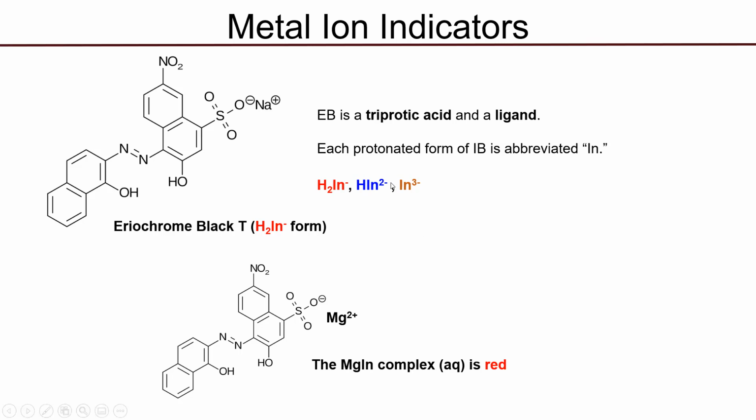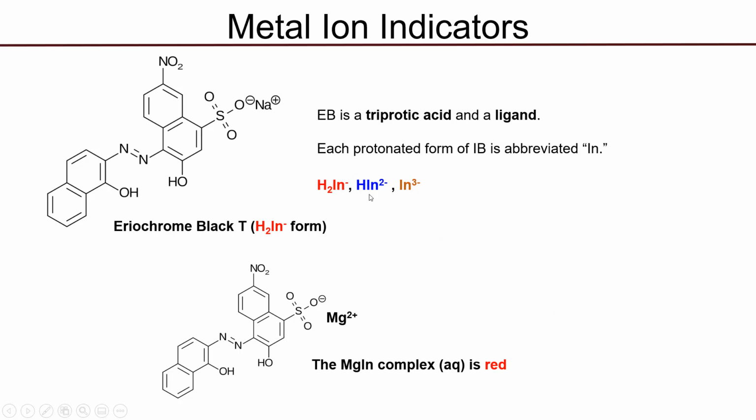Now, at our pH 9 to 10 in the EDTA titration we did, if the indicator is free in solution, it should be blue. However, whether the indicator is bound to a metal ion or not also influences its color. And so, for instance, if the indicator is forming a metal ligand complex with magnesium 2+, the magnesium and calcium complex ion that forms with the indicator is red.